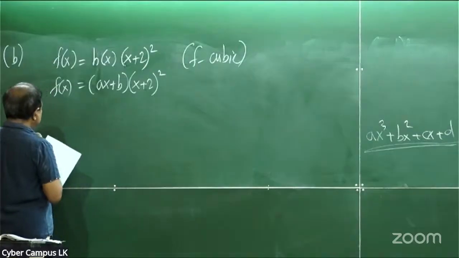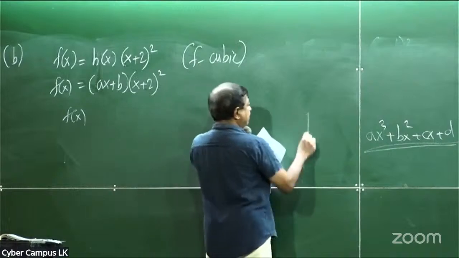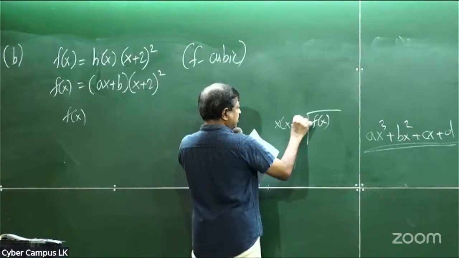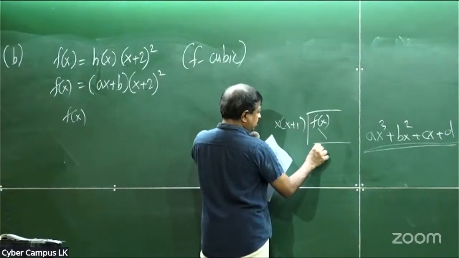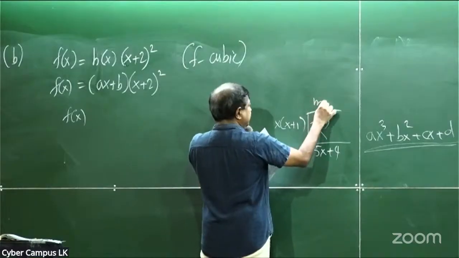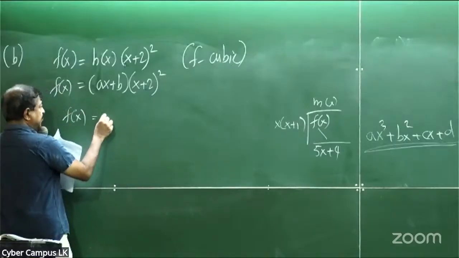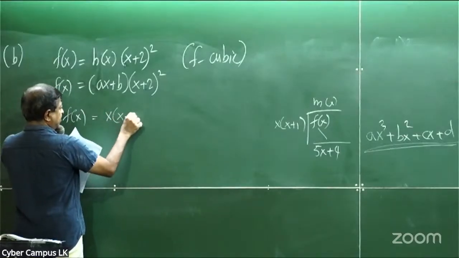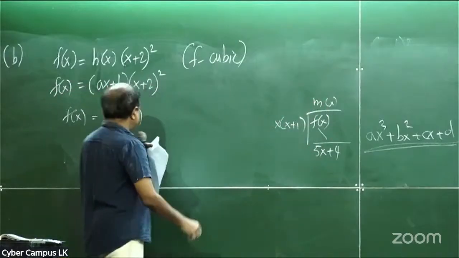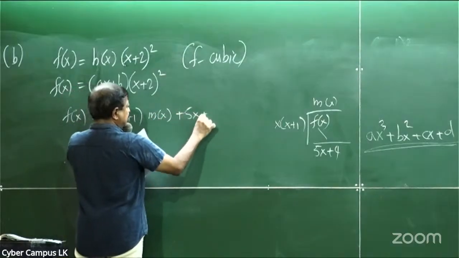Now, it's given that when fx is divided by x times x plus 1, the remainder is 5x plus 4. I'll take the quotient as mx. So by the division algorithm, you can write fx like this: the divisor times mx plus 5x plus 4.